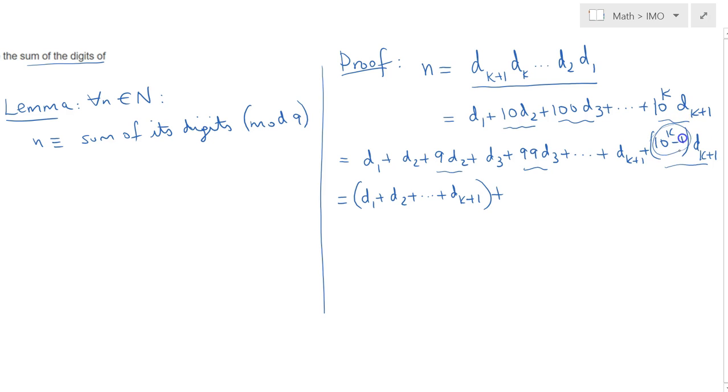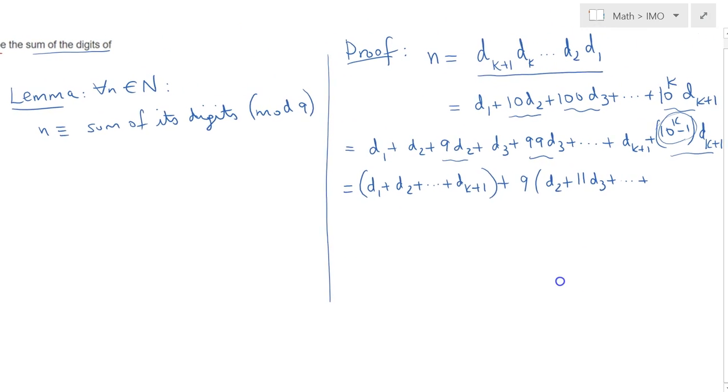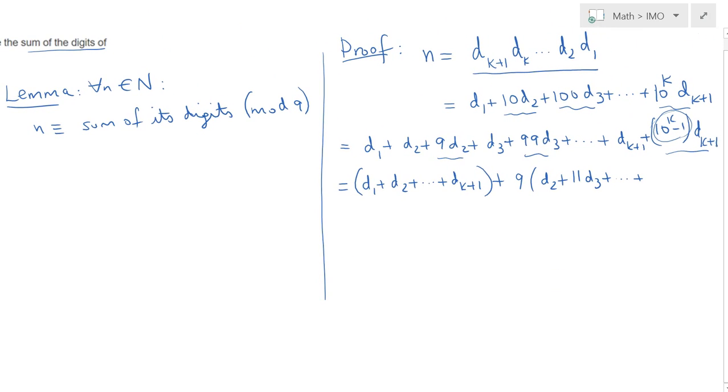So I will just factor out the 9. We would have d2 plus 11d3, and so on, and for the last one, d sub k plus 1 will have a bunch of ones, I think there are k ones here.